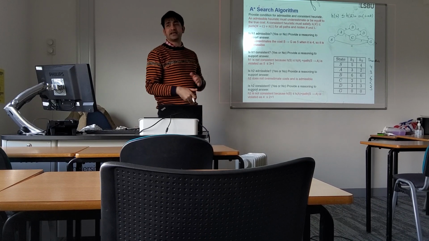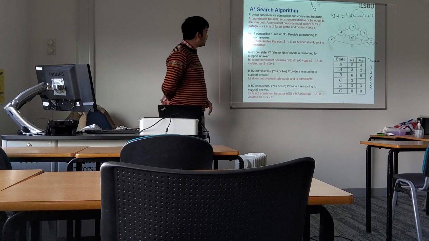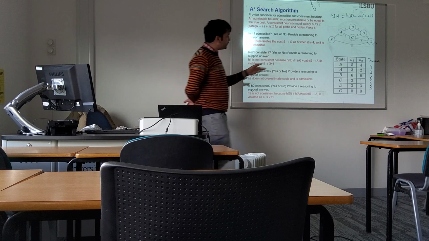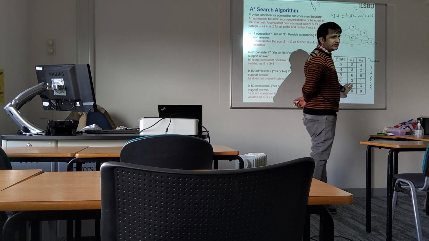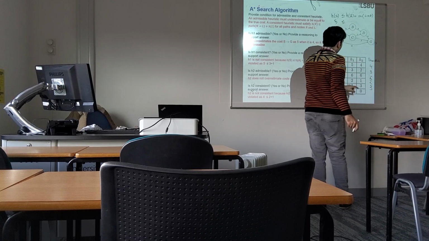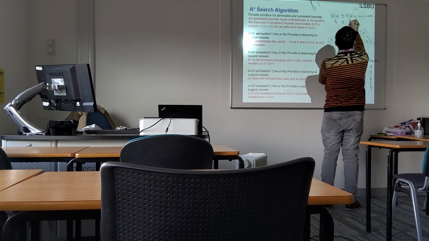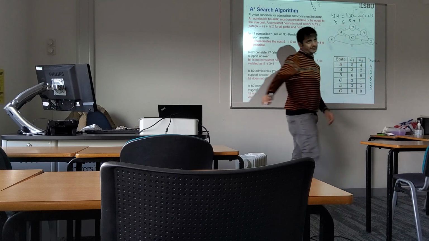So the right-hand side should be greater. In this case, the starting heuristic is 5. If I check H1, this is 5, and the heuristic for the next state, which is A, is 3, and the path cost is 1.